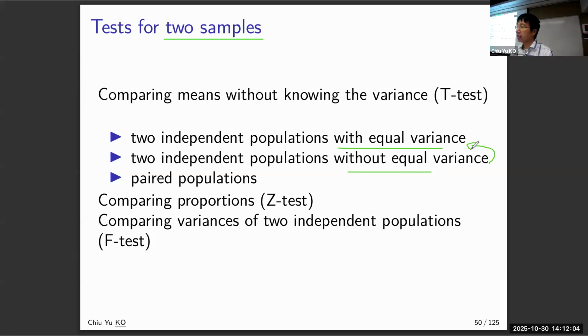This is always the case: if you do the hypothesis testing with more general condition, the power of the test is not so good. If you know more, things will be getting better. So that's why we need to do both. And also, this is much easier to understand. This is more difficult to understand. So that's why we learn something simple first.